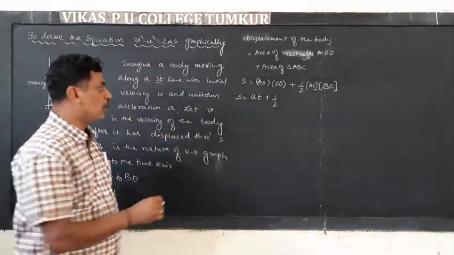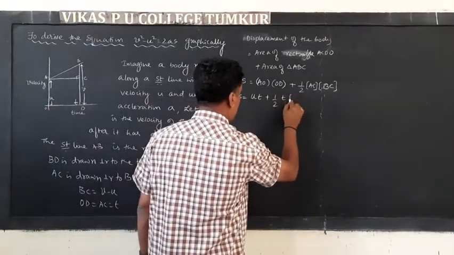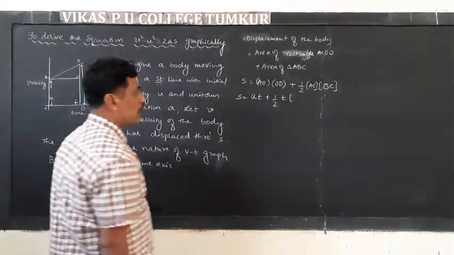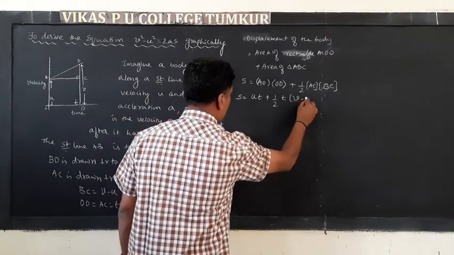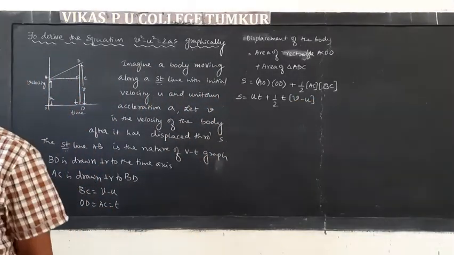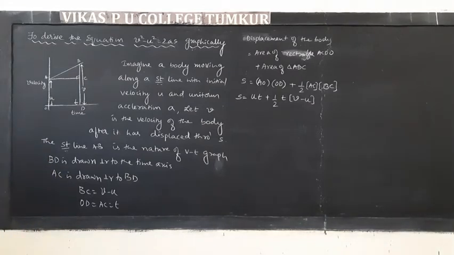AC is also t. And what is BC? BC is v minus u as you find here. So this is the equation that we come across on substitution for AO, OD, AC and BC.